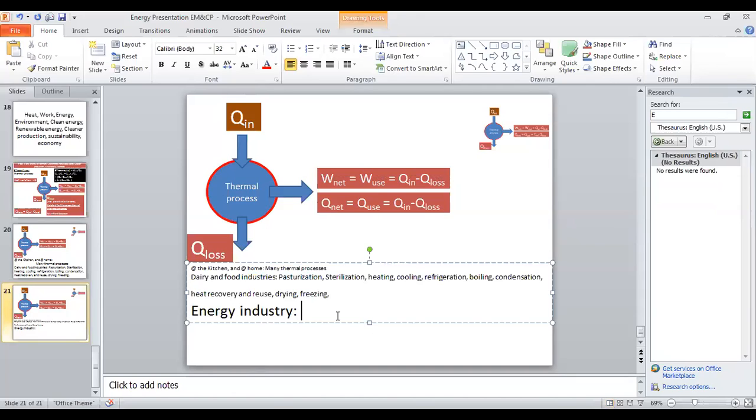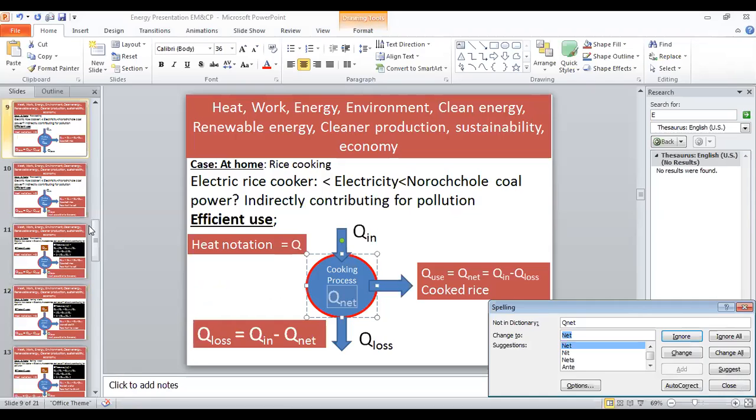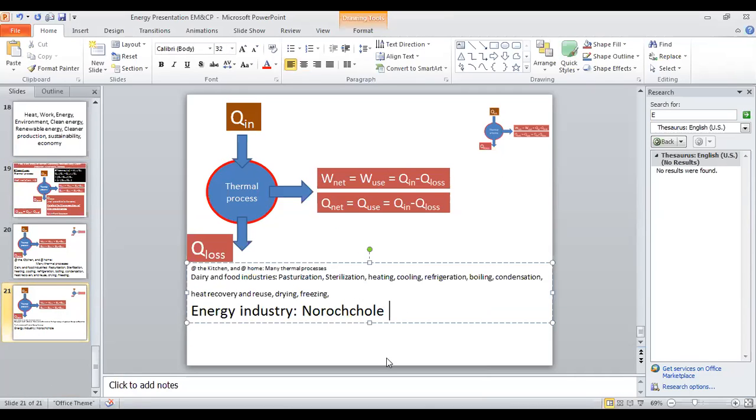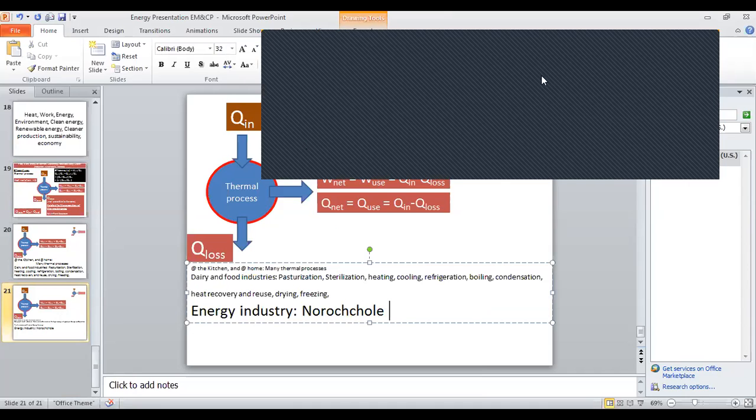You know Norachole? What kind of power plant is it? This is a thermal power plant.